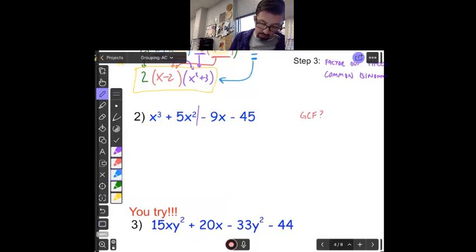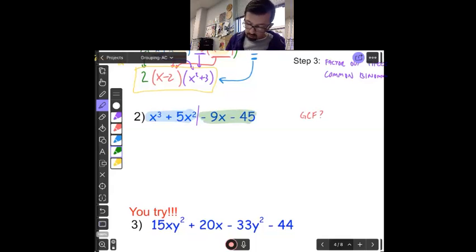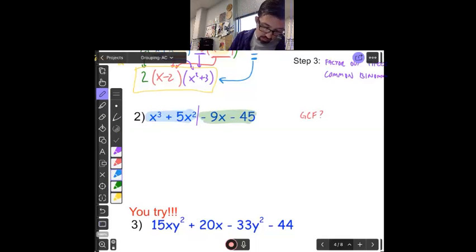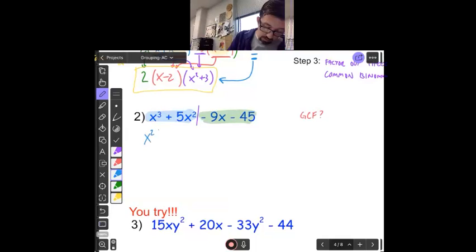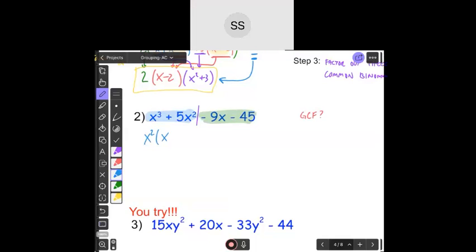Then we look at that first group, and look at the second group. Samantha, what's common for the first group? X squared. X squared times what, Samantha? X and 5, positive 5. So x squared times x plus 5. Pamela, what about this second group? What's common?